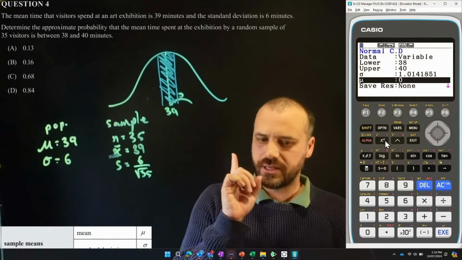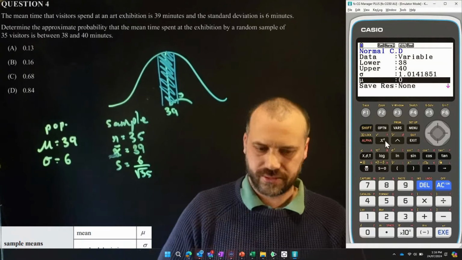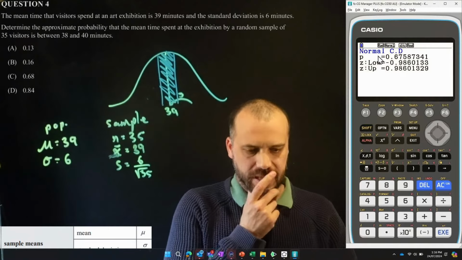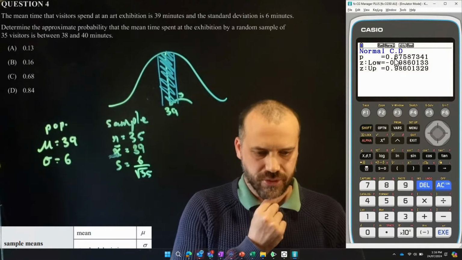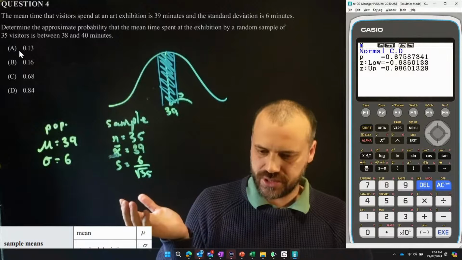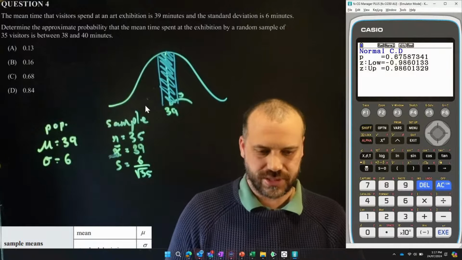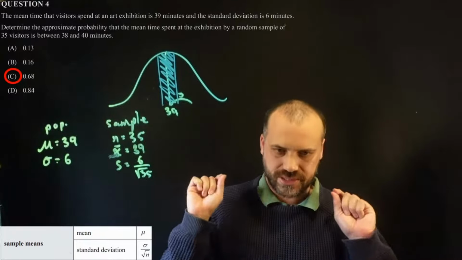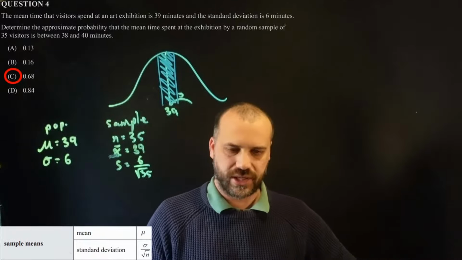And then the mean is 39. Executing that, and we get a P of 0.675. Now, what's closest in our answers to 0.675? It is 0.68.